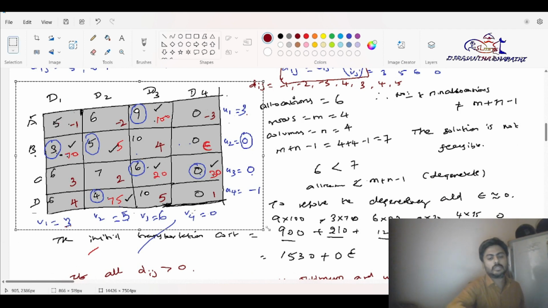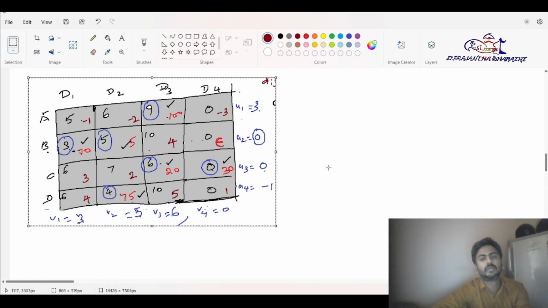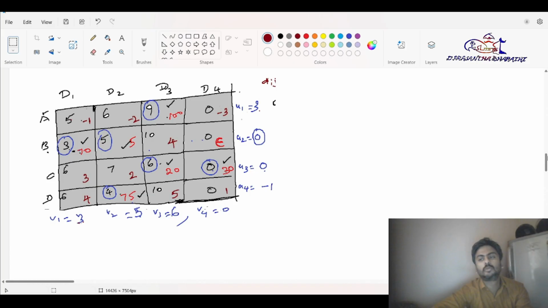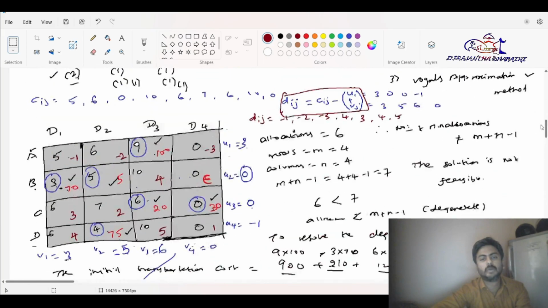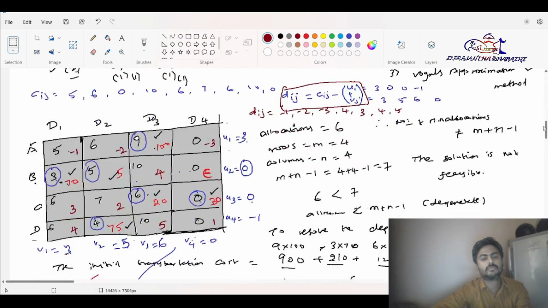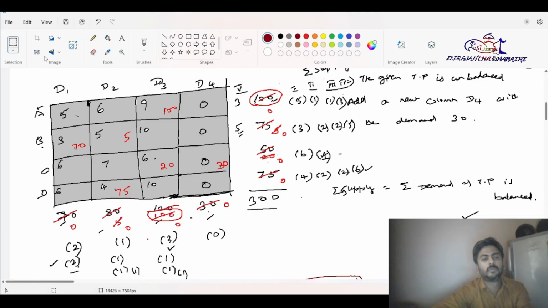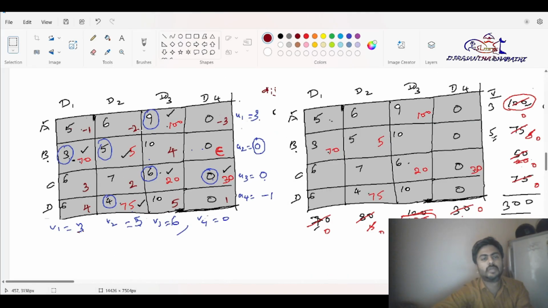Control plus C, I shall paste it here, and I am going to choose the previous table also. Dear students, now in this we shall delete the unnecessary things.